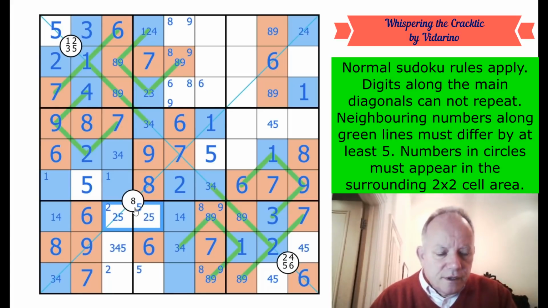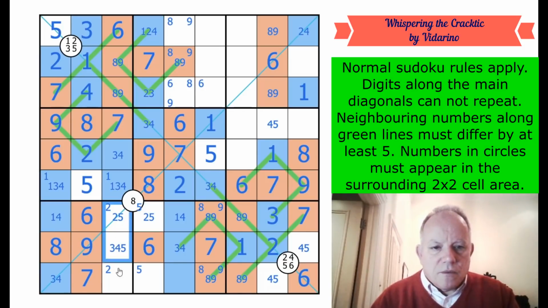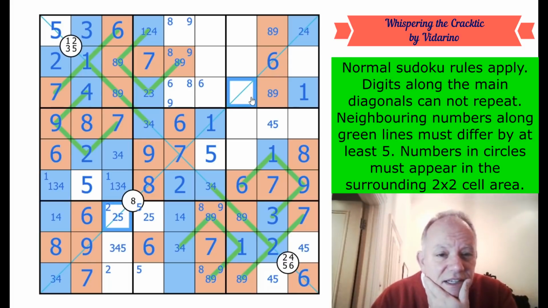Don't think I do. That's 1, 3, or 4. So is that. One of these 2 is white, which I'm just now using as shorthand for 5.